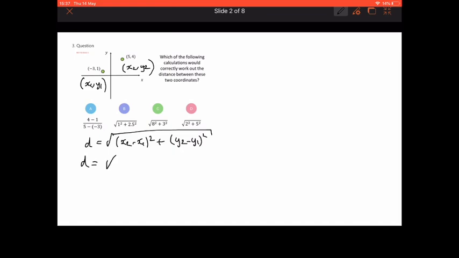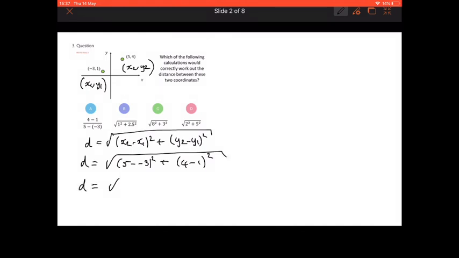So x2 minus x1 is going to be 5 subtract negative 3 all squared, and y2 minus y1 will be 4 minus 1 all squared, and start working through that.